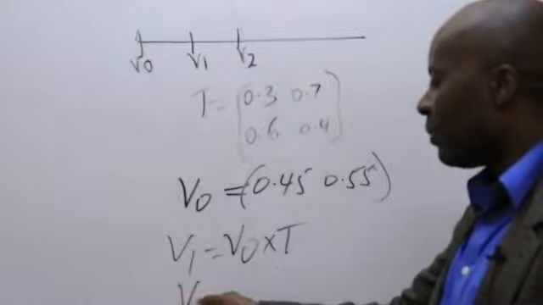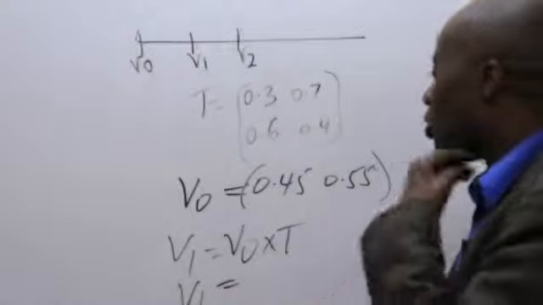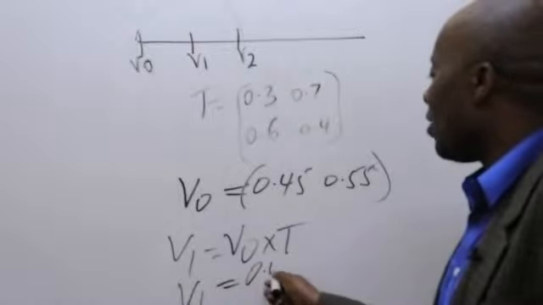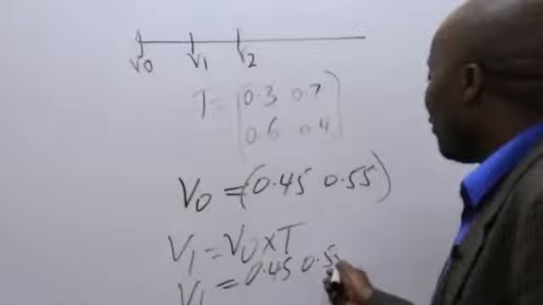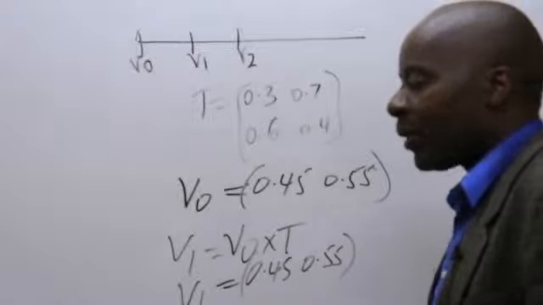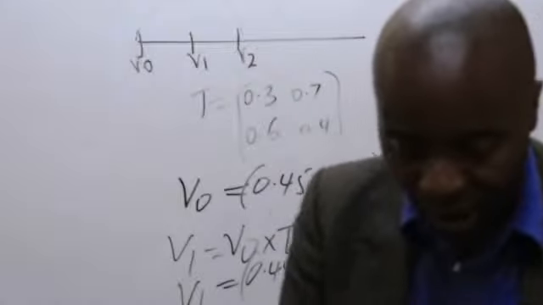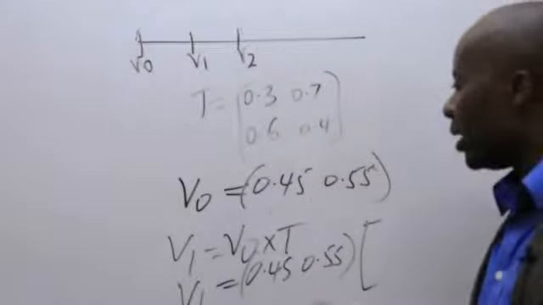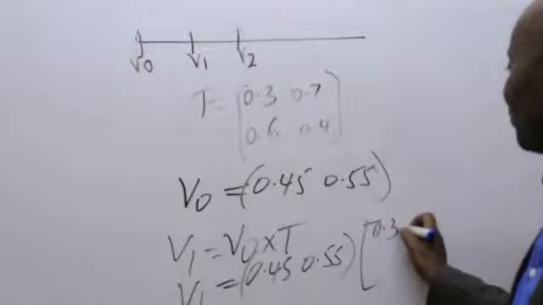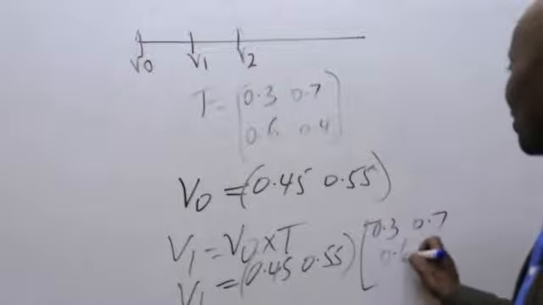Therefore, my vector 1 will be equal to vector 0, which I already have: 0.45, 0.55. And then I'll multiply this with the transition matrix. The T matrix here is 0.3, 0.7, 0.6, 0.4.